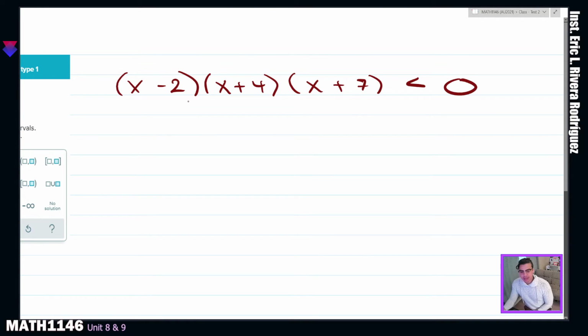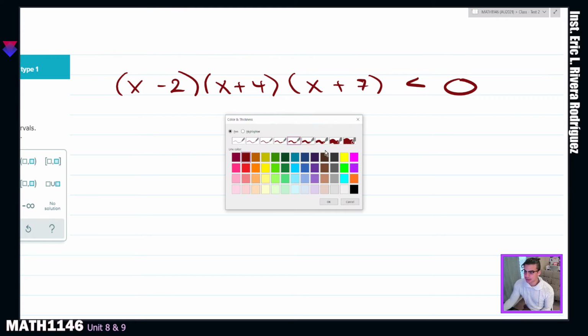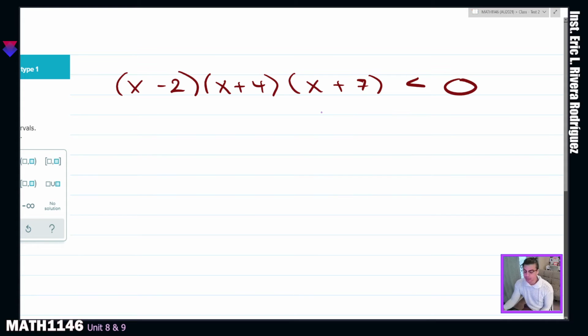So this is the exercise that we need to solve. And how do we solve this? We need to answer this inequality. What this exercise is asking for is what are the x values that make this entire polynomial, let's call it p of x, less than 0.